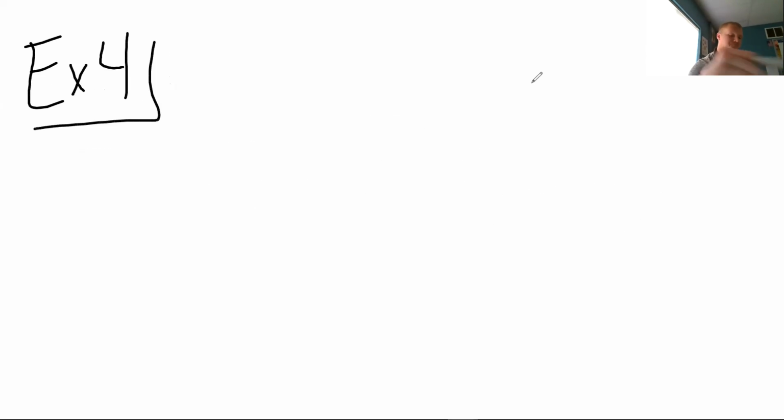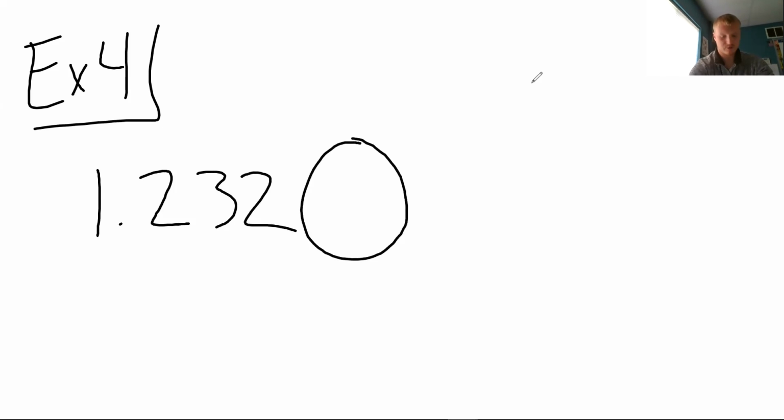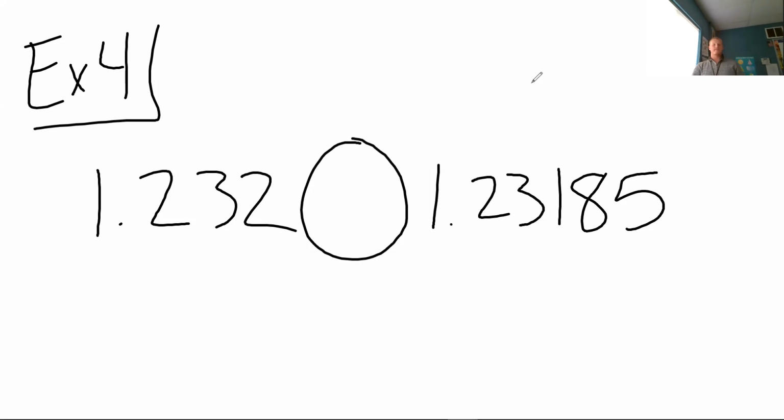Example 4. So we're going to compare some bigger numbers here. Well, I guess they're not bigger. 1.232, comparison circle, 1.23185. Wow. These numbers are bigger than the other examples.